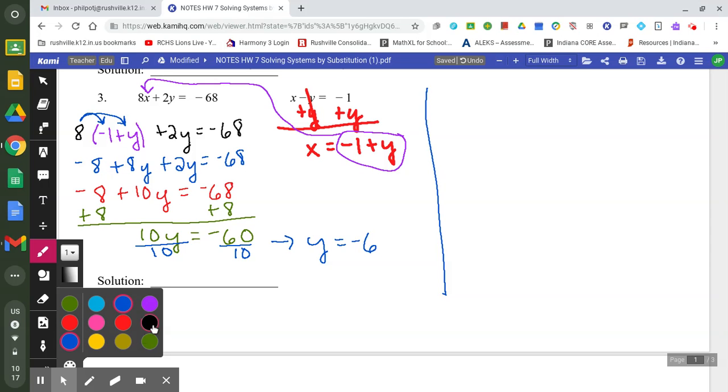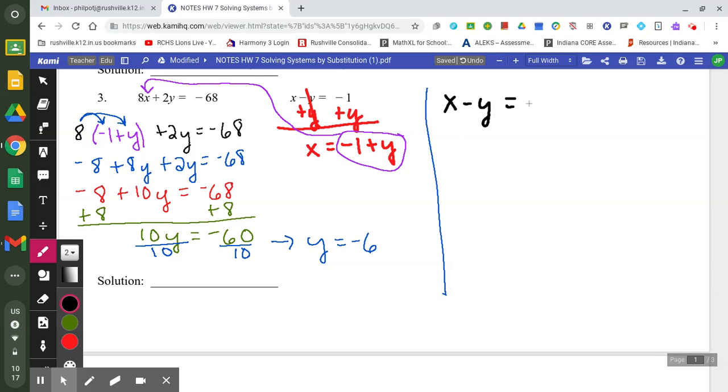So I am going to rewrite this equation, x minus y equals -1. And I'm going to substitute this -6 into this equation. It only goes in for the y.